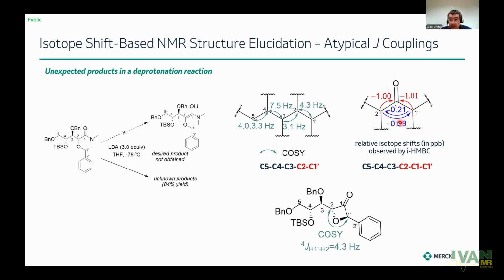The smaller isotope shift between C1 prime and C2 means that they are not directly connected to each other. So this carbon skeleton is wrong. The correct carbon skeleton is C5, C4, C3, C2, C1, and C1 prime, so there's a C1 in between C2 and C1 prime. With this information, we quickly solved the real structure.